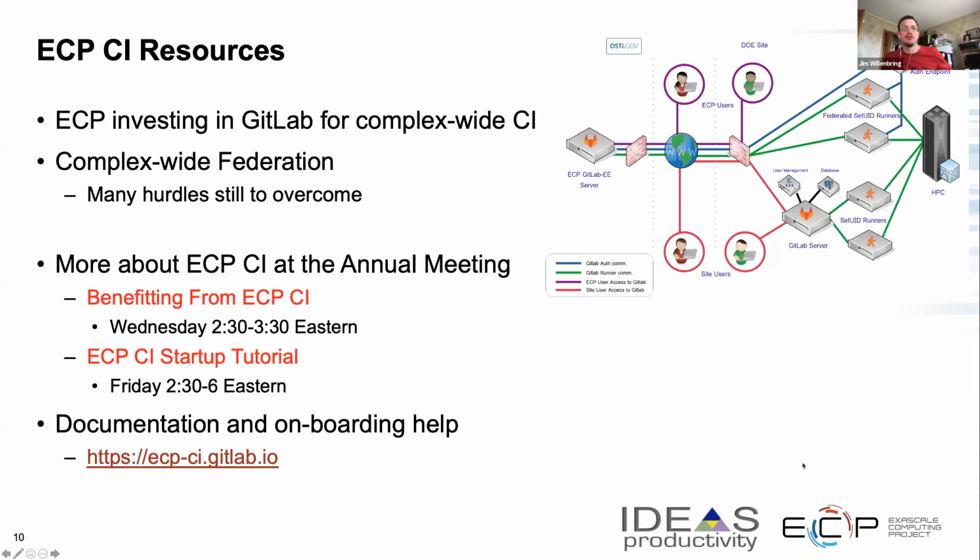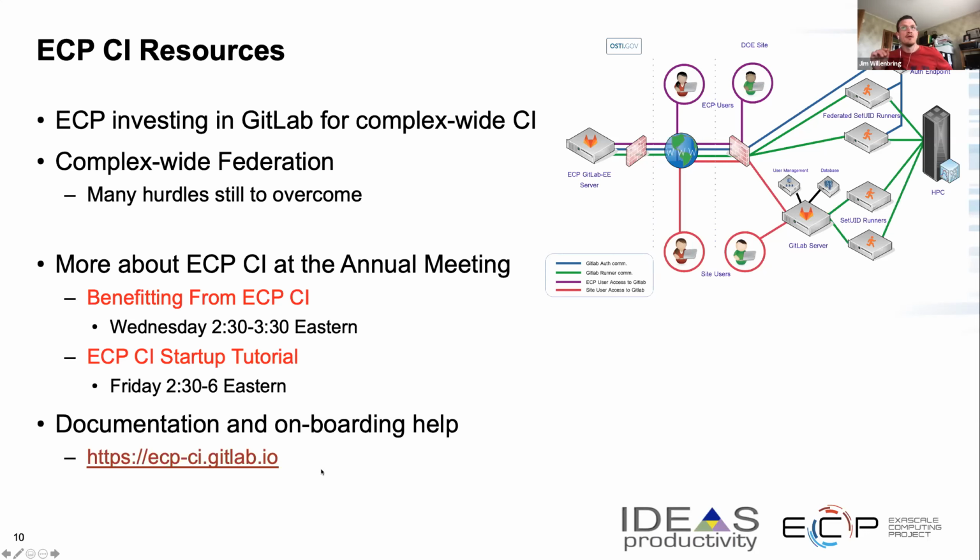And so I really wanted to pitch a couple of things that are coming up. On Wednesday, there's an overview of ECP CI. And on Friday, there's an afternoon tutorial that focuses on how to get started with ECP CI. I would encourage a lot of you to attend that and just dip your toe in. There are some people who can help you with this. There's documentation at ecpci.gitlab.io.